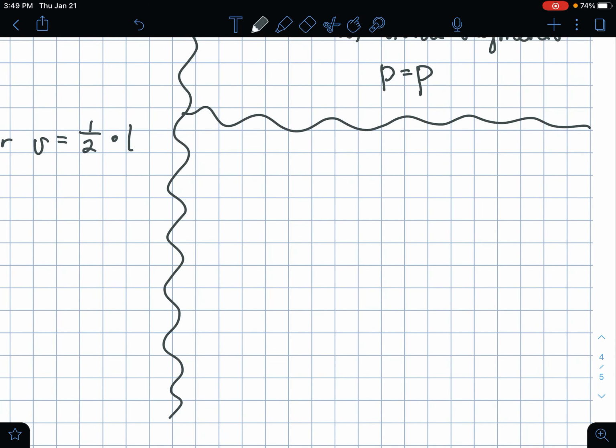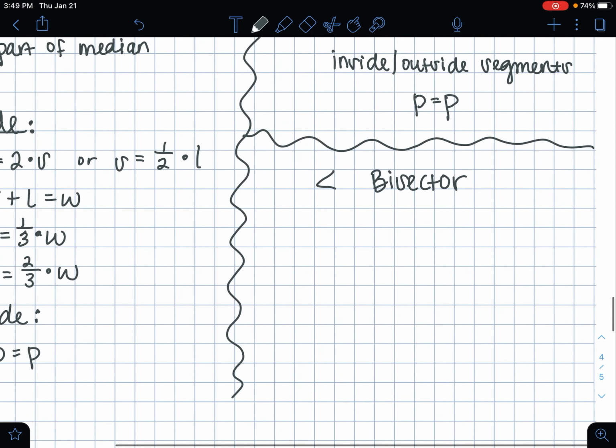The next one, let's do angle bisector. Sure, why not? No, I'm not going to write the name. So angle bisector is the one that cuts the angles in half. For this one, it's always going to be part equals part. So if they're talking about the angles, it's going to be part equals part.